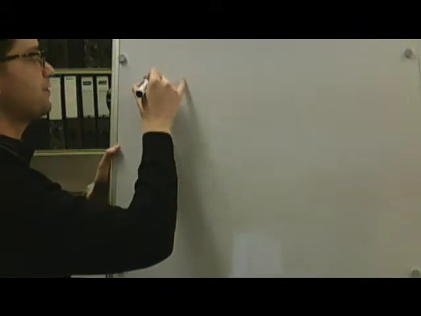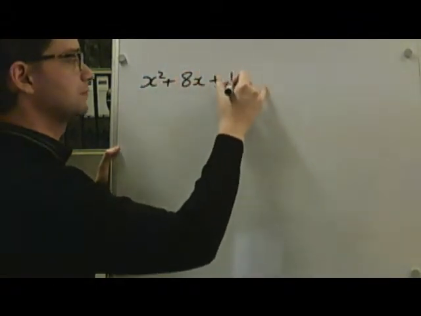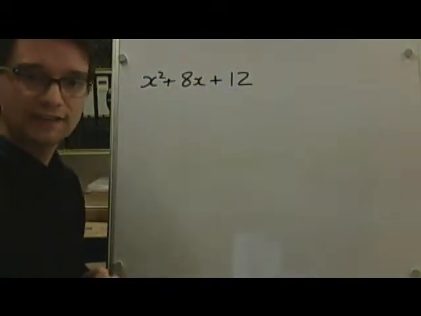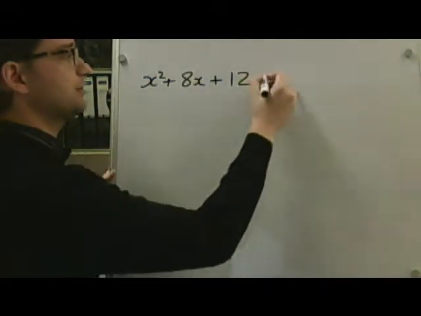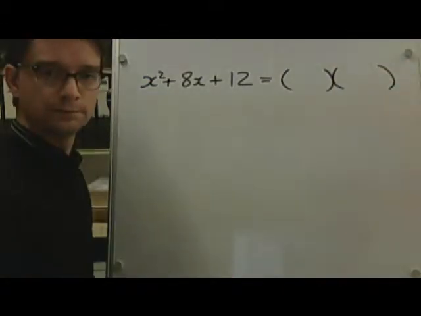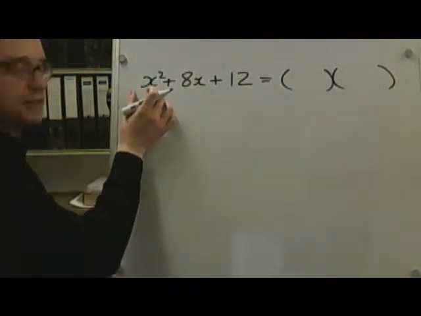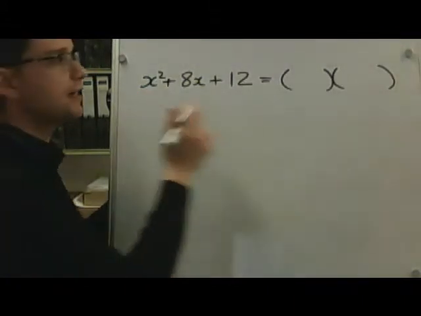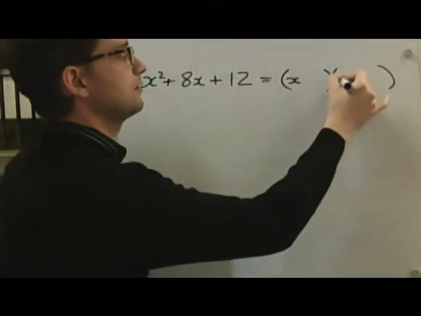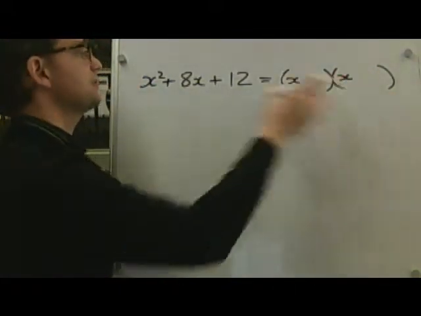Suppose I'm faced with factorising something that looks like this. So I want to take this and put it into that kind of two bracket shape. Because I've got just one x squared here, I know I've got to have an x and an x here, because otherwise x times x is x squared.